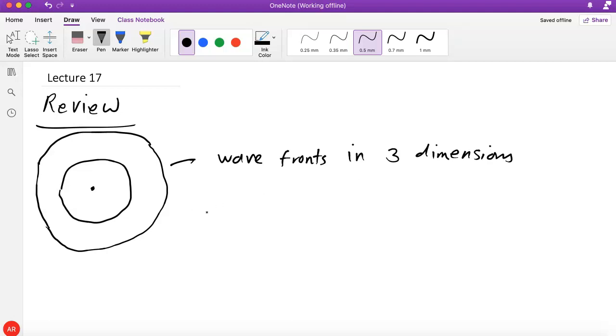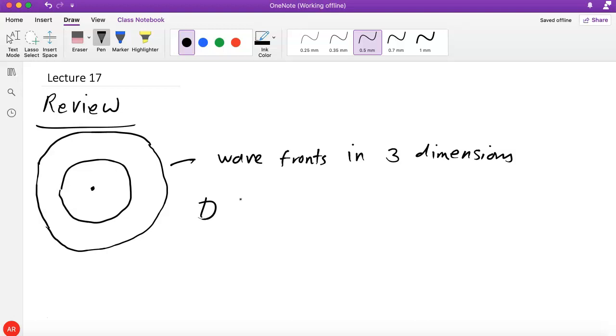So we argued that in general you can write whatever is fluctuating. If it's sound, maybe we can think about pressure or density of air. We have both pictures, we can talk about either. Or if it's light, we can think about the electric field and the magnetic field.